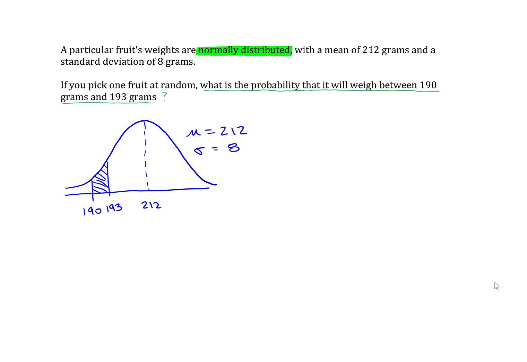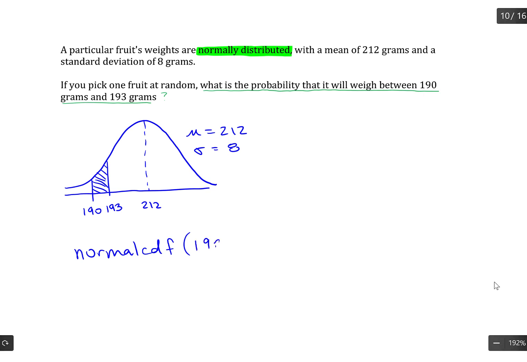Now, to find out what amount of area that is below the normal distribution curve, we'll take advantage of the normal CDF function within the calculator. Normal CDF takes up to 4 inputs.